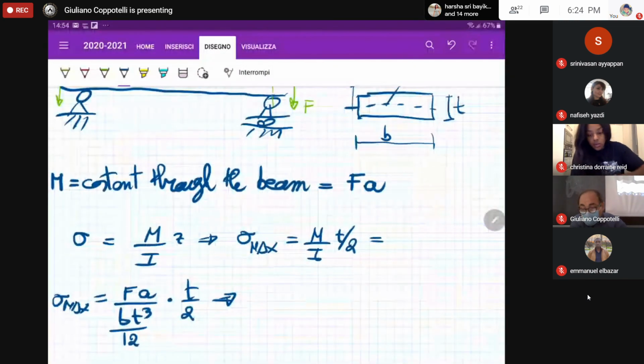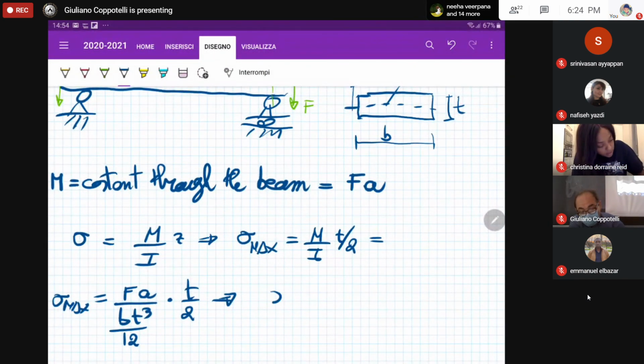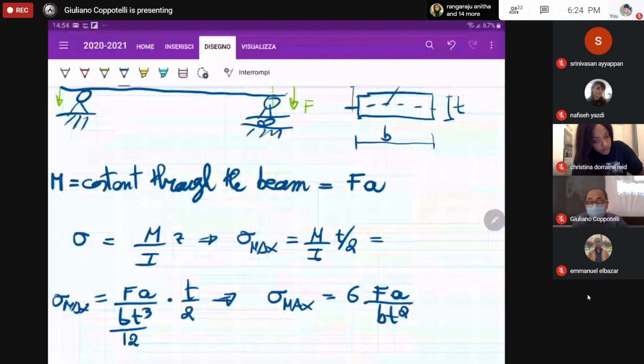It comes out that your maximum stress is 6F times A over bt squared.